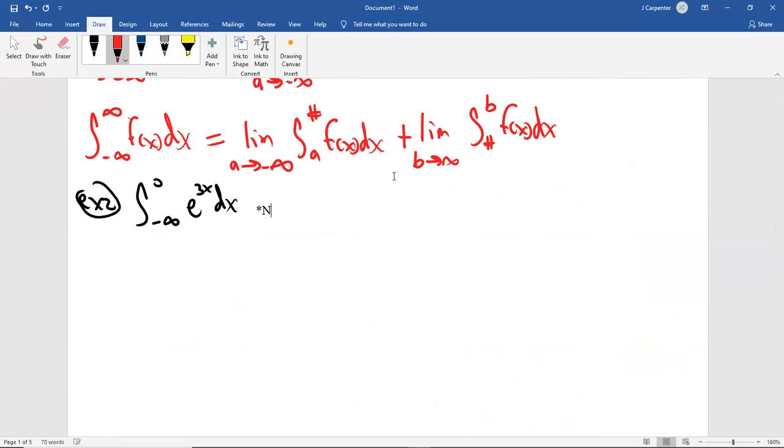So first, note the above limits are a little different for negative infinity.